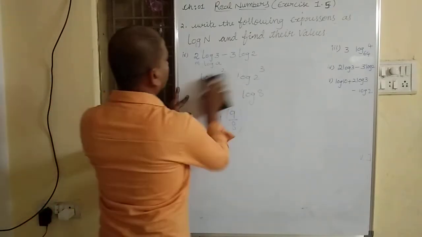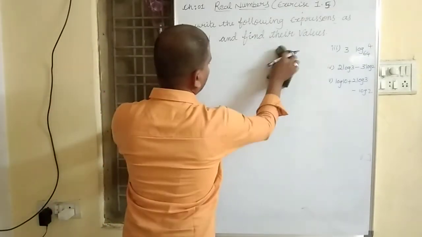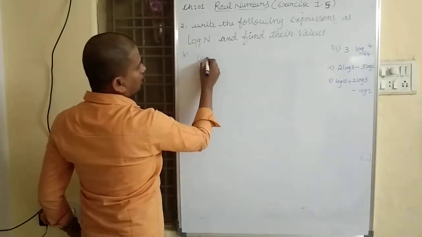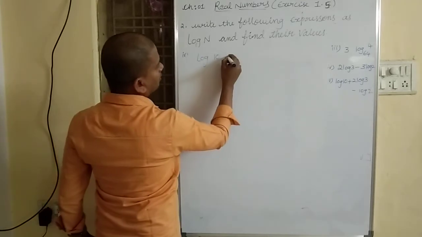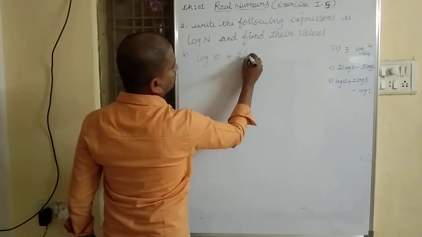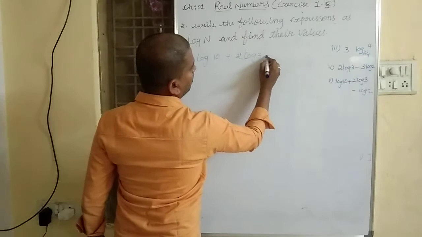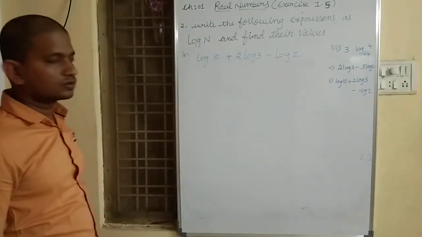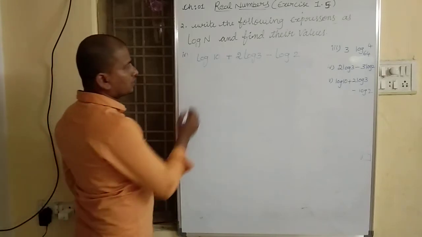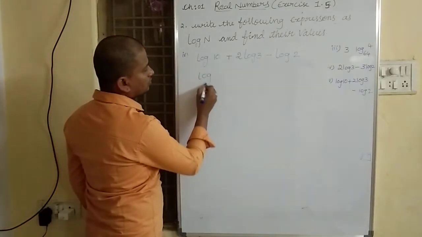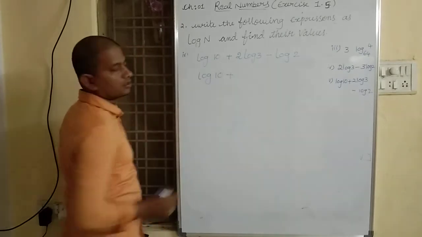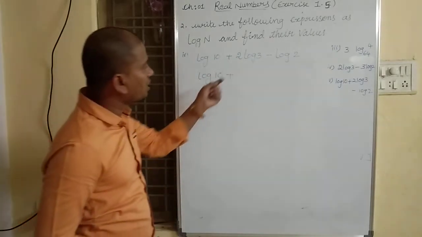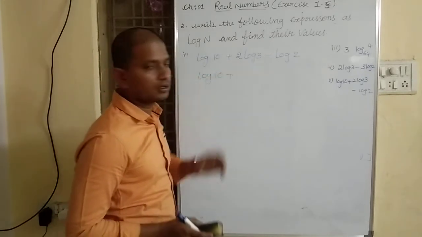Now coming to the fifth question: log 10 plus 2 log 3 minus log 2. Okay, so log 10 as it is you write down, plus you can see 2 log 3 which is in the form of m log a.